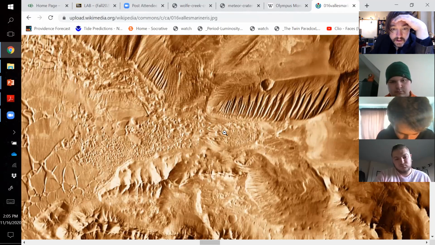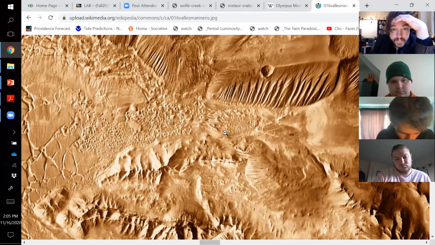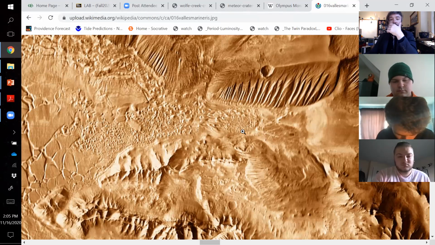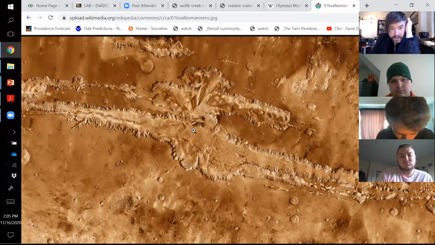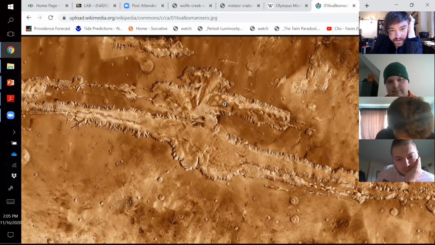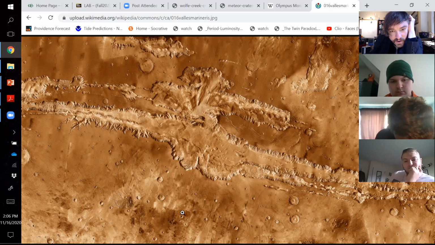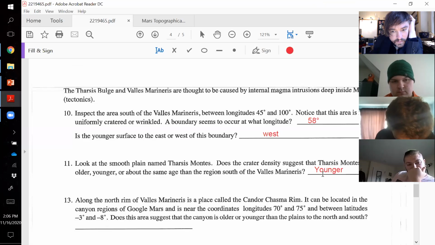That's a little too much detail. Let's get back out again. 9,000 pixels is kind of hard to do over the internet. What did you decide, Jake? Is the area inside the canyon older or younger than the plains? Younger, because you see craters north and south, but you don't see them inside the rim.